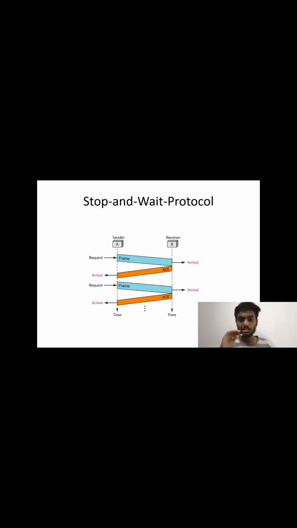There is a set of protocols for the noisy channel: stop and wait ARQ, where ARQ is nothing but automatic repeat request. Likewise, we have go back N automatic repeat request, and selective repeat automatic repeat request. These three protocols are included in noisy channels.